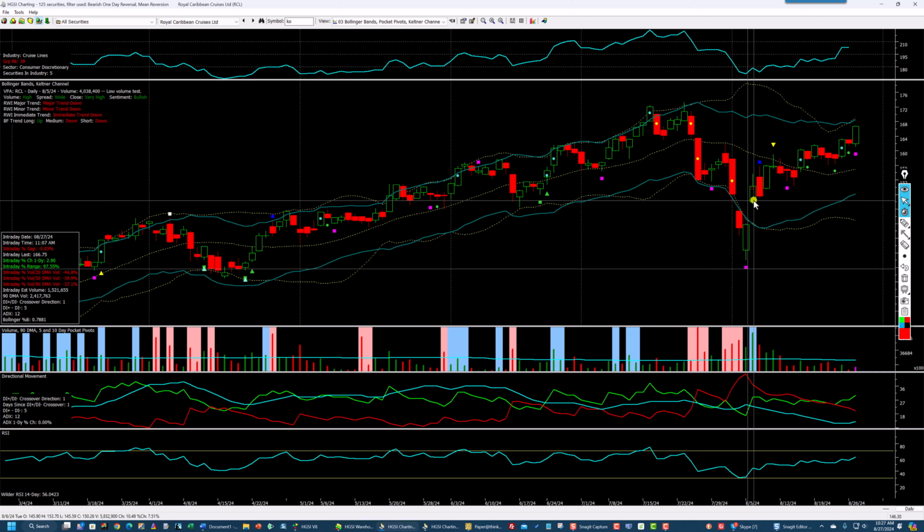Even if it was taken the next day, it would still be a profitable trade. Outside of the Bollinger Band, outside of the Keltner channel. Just a slight pullback, but this is a good example, money flowing back into it.